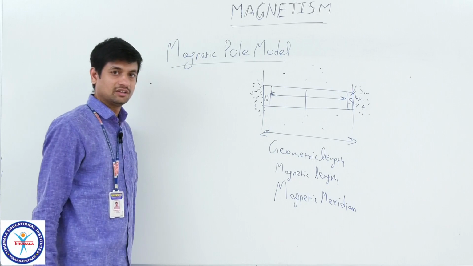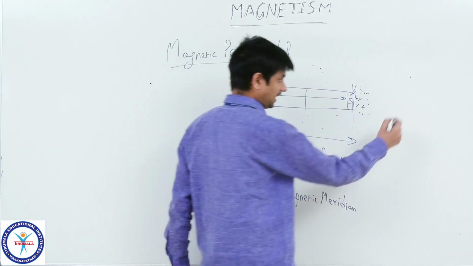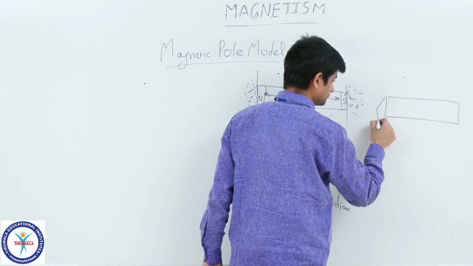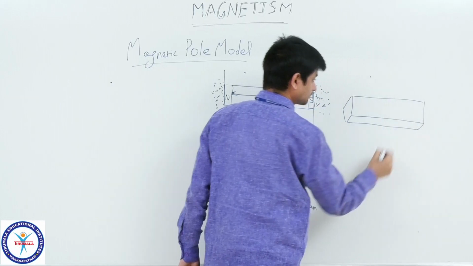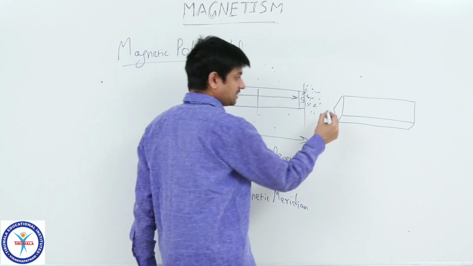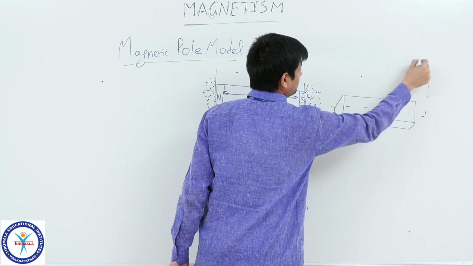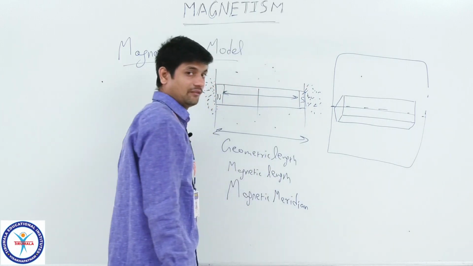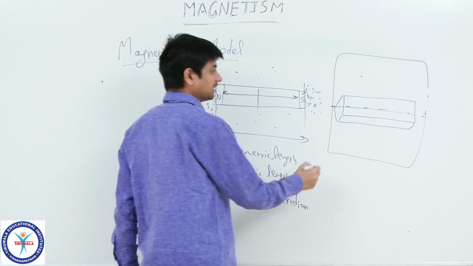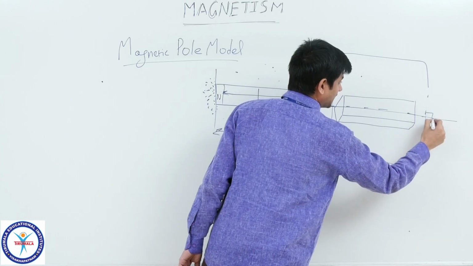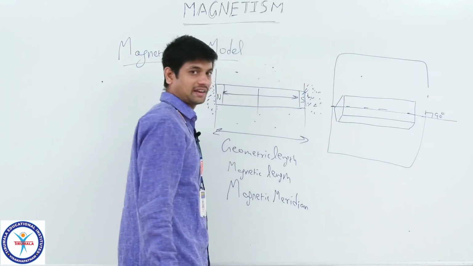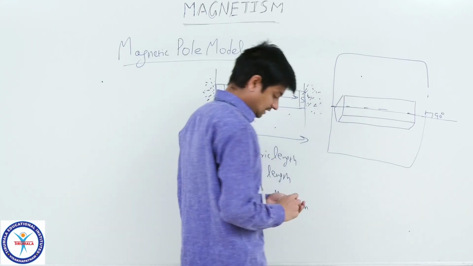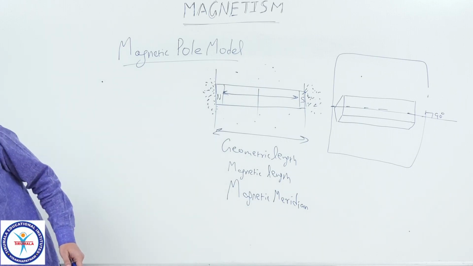Magnetic meridian means if you take that bar magnet in this way, the imaginary vertical plane should make an angle of 90 degrees with this magnetic axis, and keep it in mind that it will be like this.